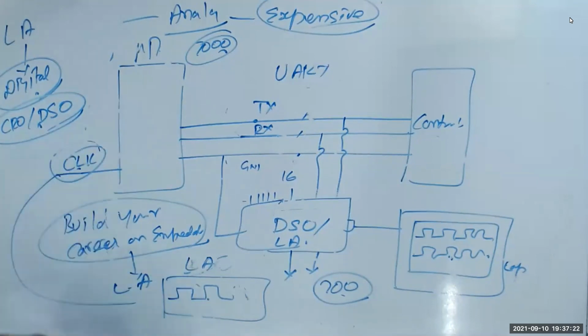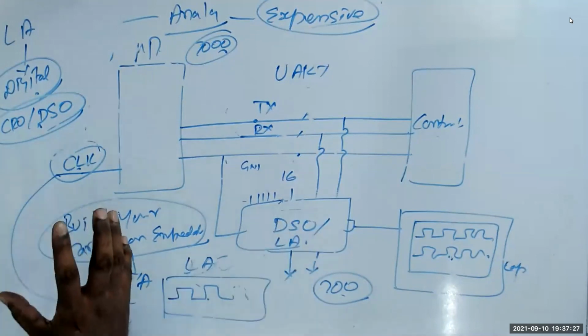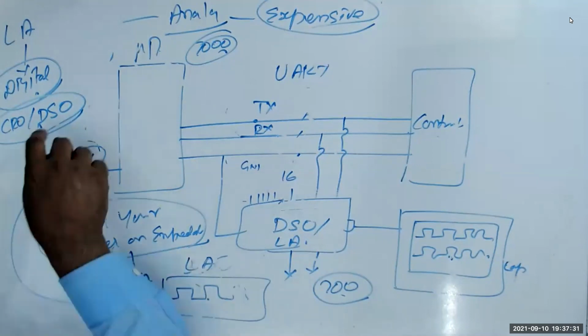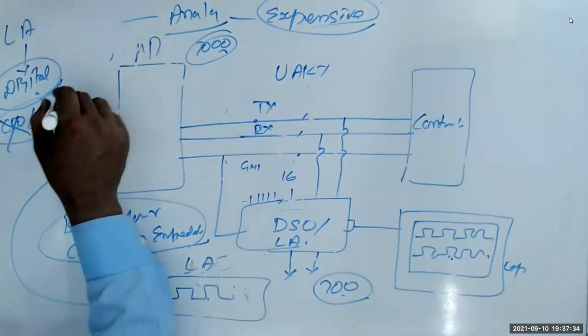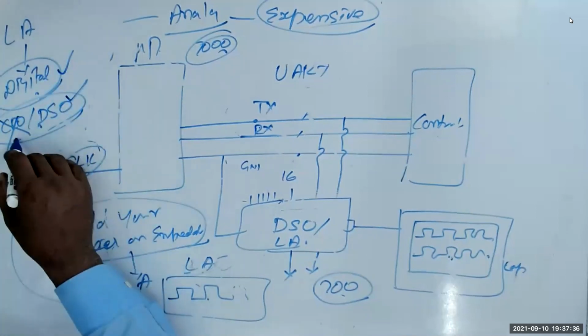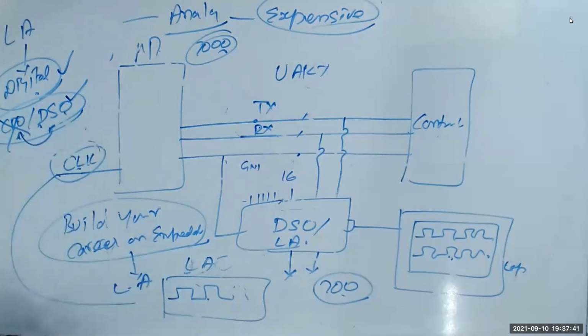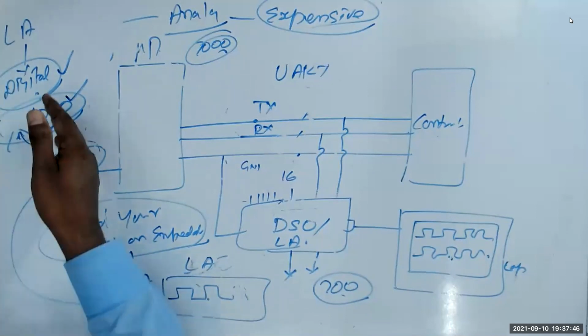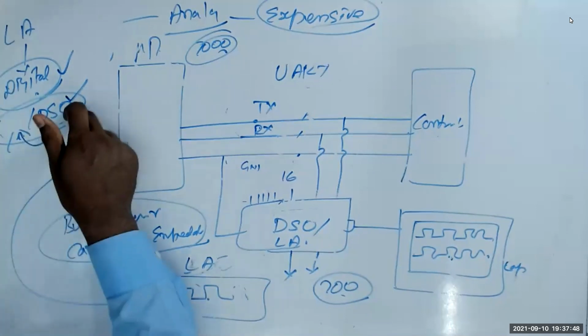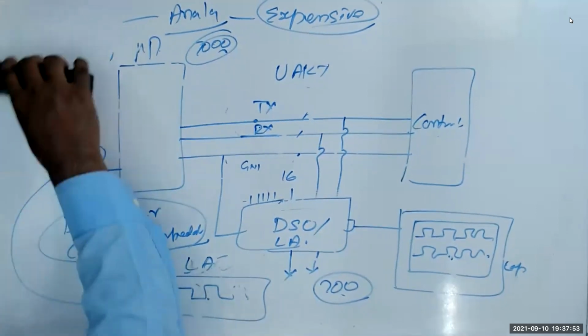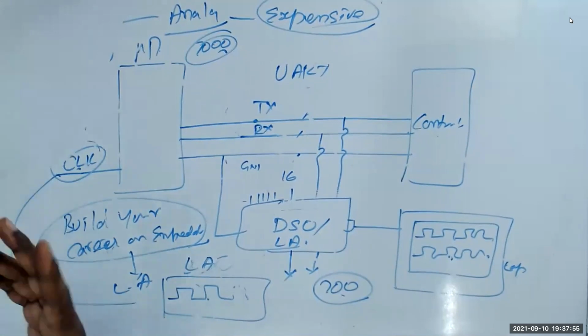Today we are using only DSO everywhere, because the advantage is that when the waveform comes, we capture it, and then we can play it back later and see what happened. Today all the CROs are DSOs, but we don't generally use the CRO terminology, we use DSO. So: digital storage oscilloscope or logic analyzer. And a logic analyzer is very cheap, and you can do wonders.